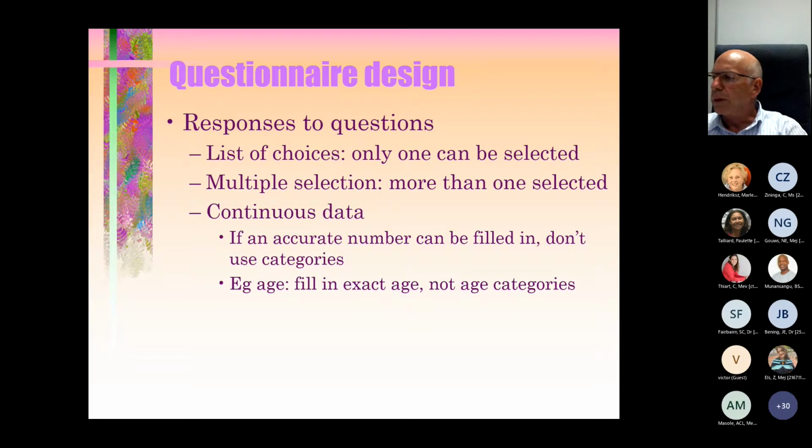For continuous data, if you're asking numbers from people, like age, for instance, if it's ethically viable, and if the person can provide an accurate number, then ask for the actual number.